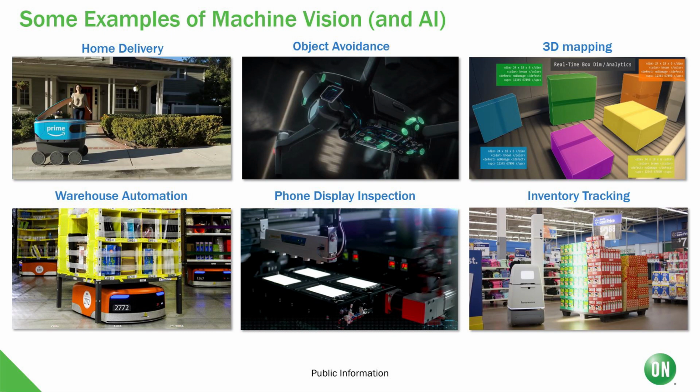Bottom center, this is an example that needs a very high performance image sensor. In this case, it's showing a phone display inspection or a flat panel display inspection. Determine if every one of the pixels in the assembly process are working as expected on this display.